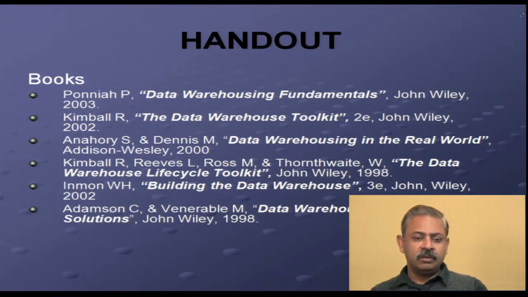Then we have Anahory and Murray, another standard book on data warehousing. Then we have Kimball, Reeves et al., which is basically on the data warehouse toolkit. And then we have another book by Inmon, Building the Data Warehouse.